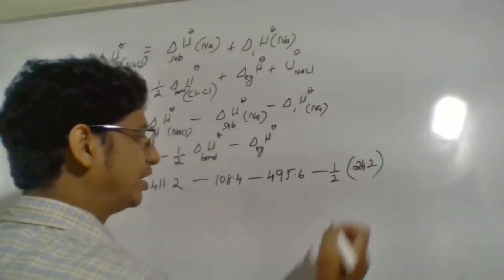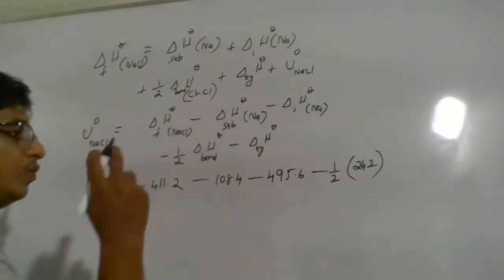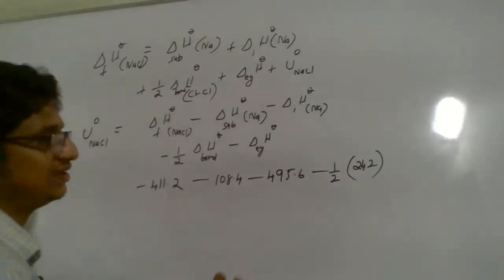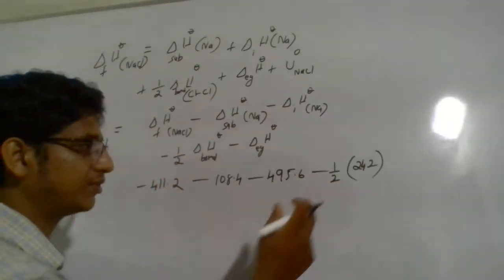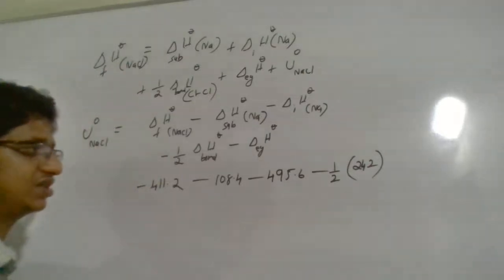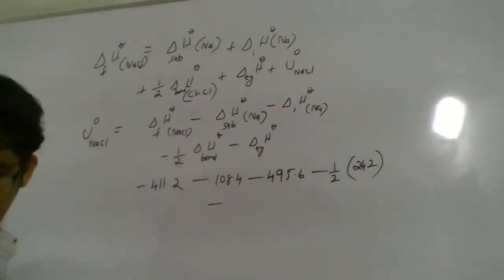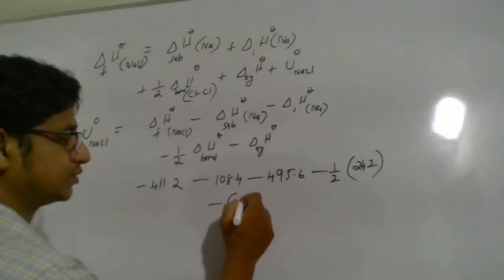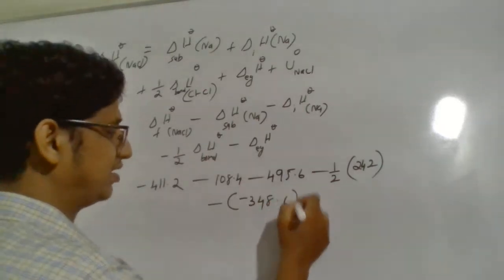Since it's only 1 mole of Cl atom, we take half the bond dissociation enthalpy, so half into 242, minus of minus 348, that is the electron gain enthalpy.